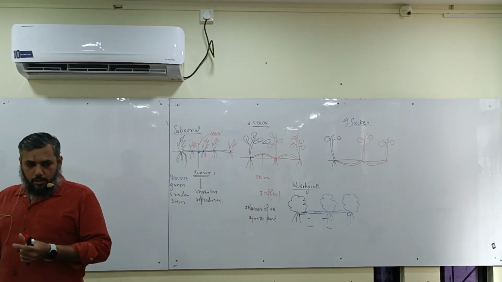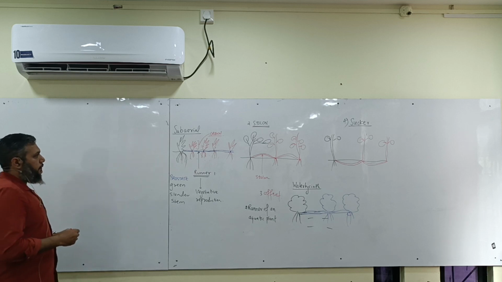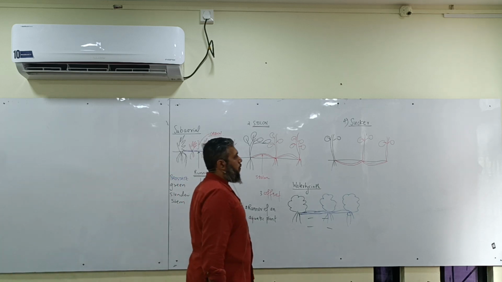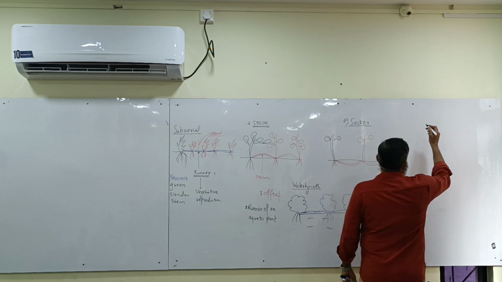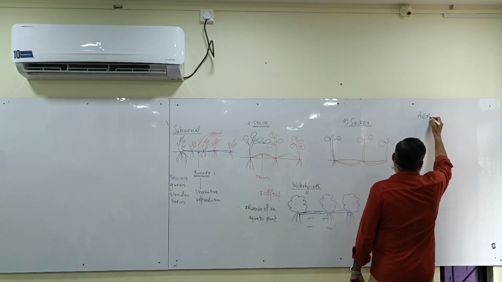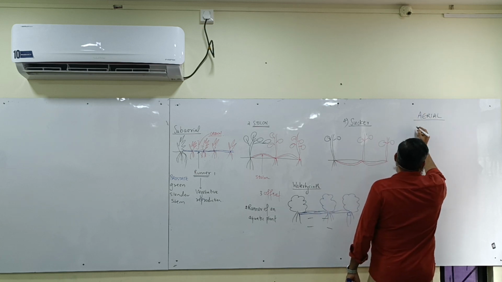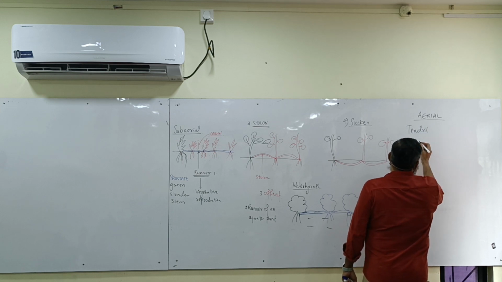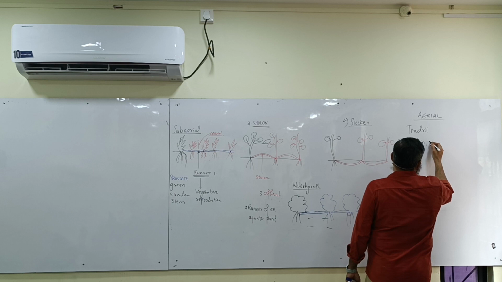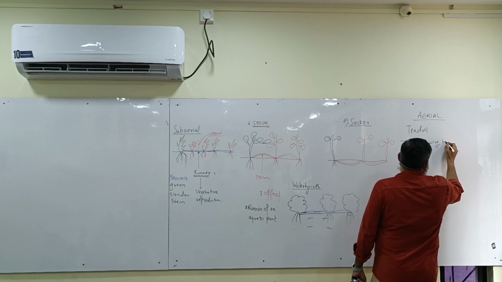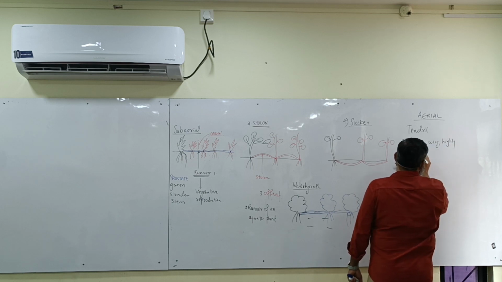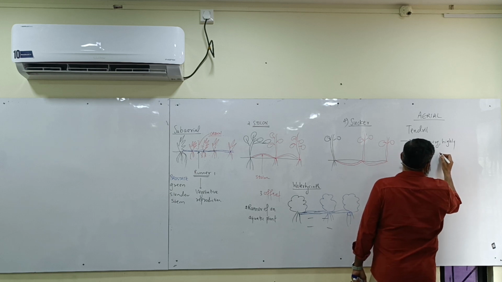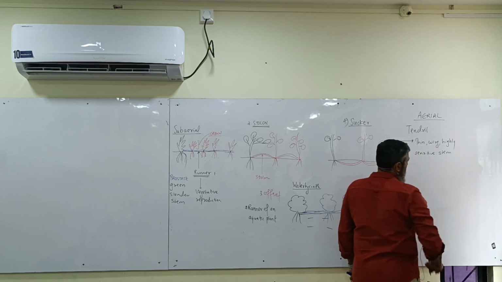Got it, everyone? Then we talk about the aerial modifications now. The first aerial modification I have written over there is a tendril, which is a thin, wiry, highly sensitive stem.